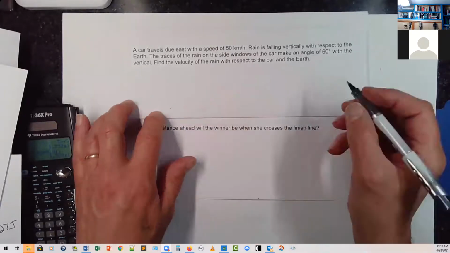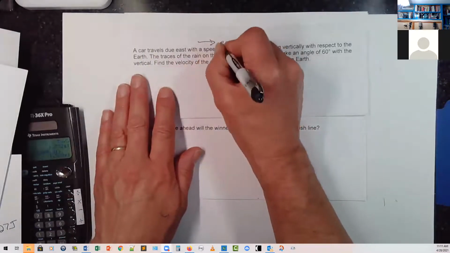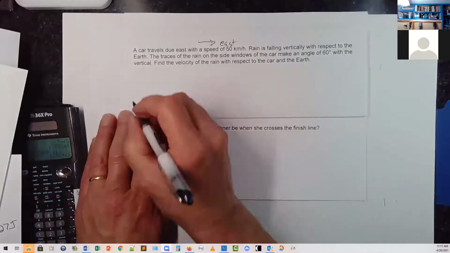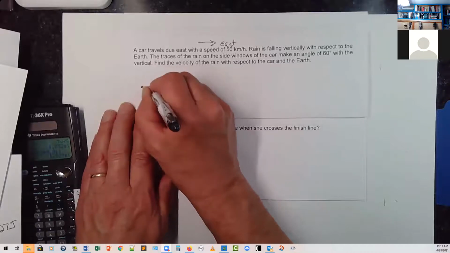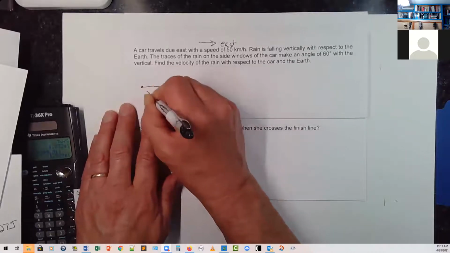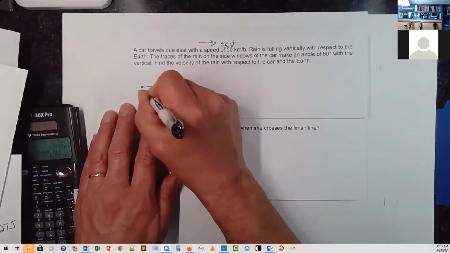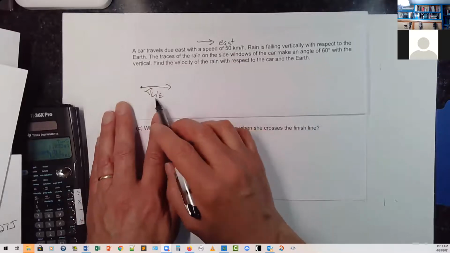So I'm going to start off with the assumption that east is this way. And so I have this car that's headed east. And so here's the velocity of the car with respect to the earth, and it's 50 kilometers per hour east. So it's that.